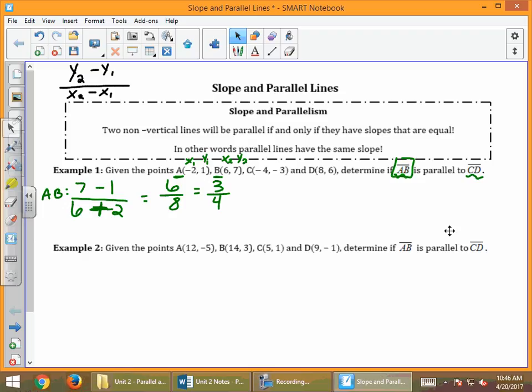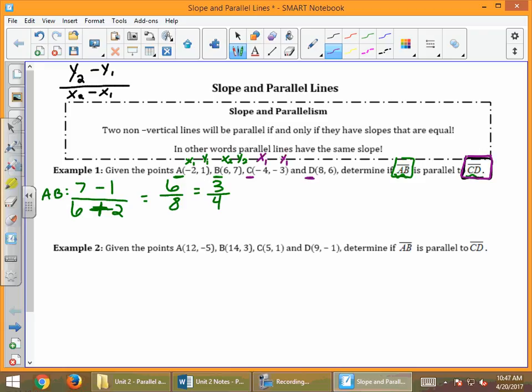Now we're going to repeat the same process for our other segment, CD. Color code it a little bit better. Purple. Again, make sure C and D match up, and label x1, y1, x2, y2. Then plug it into the right spot in our slope formula.